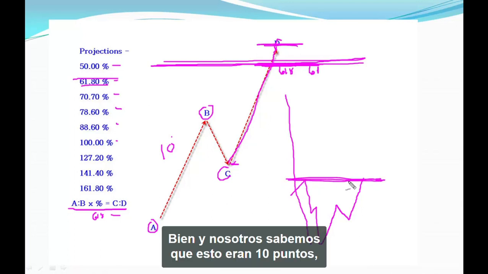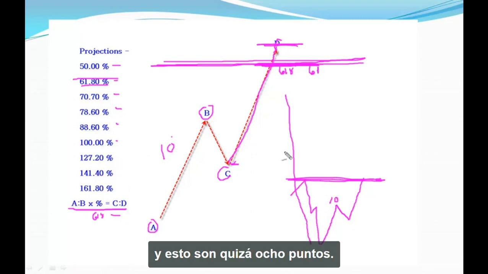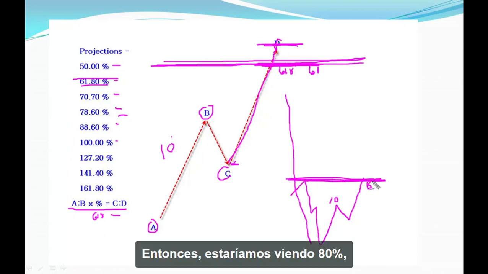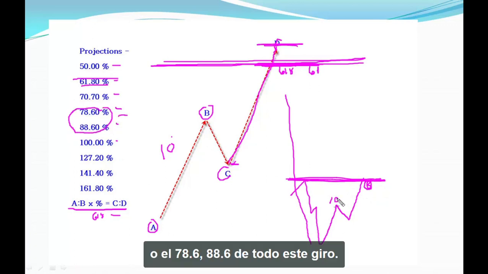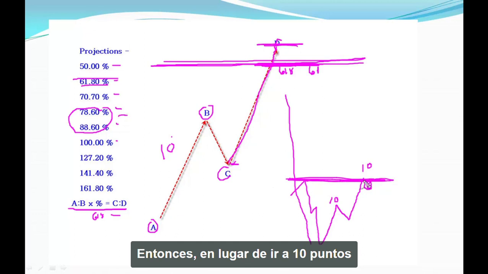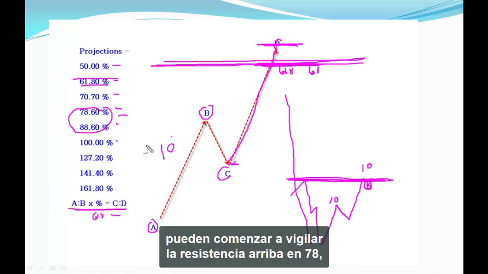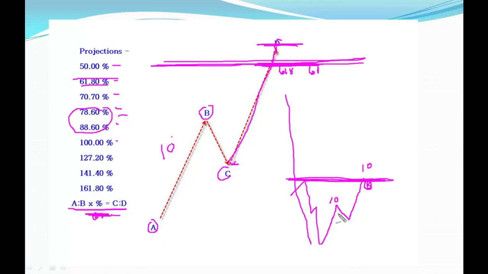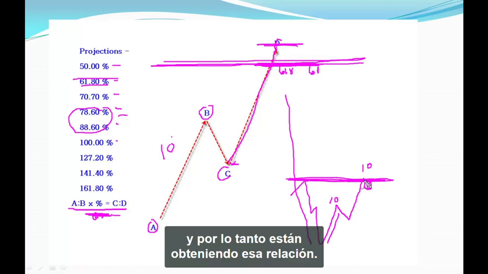All right, and we know that this was 10 points, and this is maybe 8 points. So we would be watching 80% or the 786, 886 of this whole swing. So rather than going 10 points, you can start watching resistance up at an A to B times 786 or 886 of this last swing, and therefore you're getting that relationship.